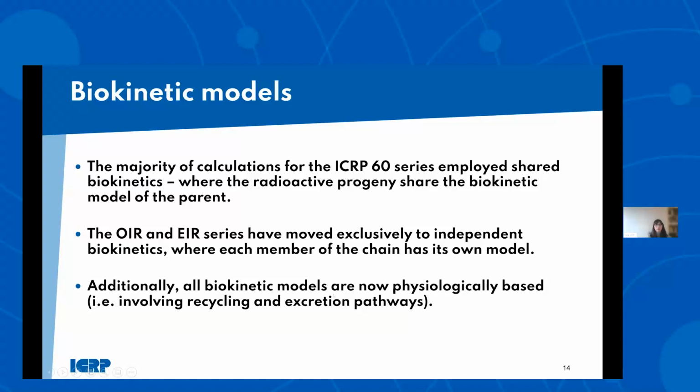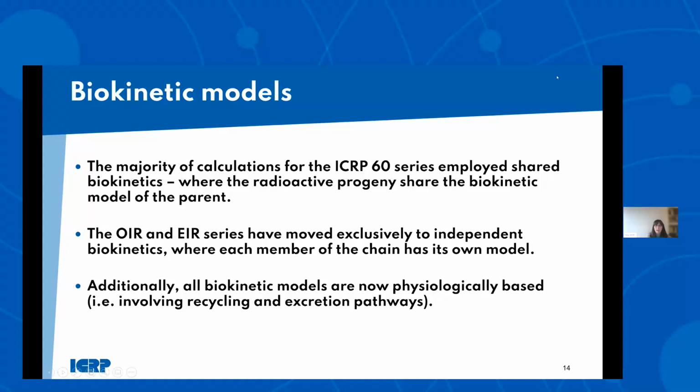Okay, moving on to biokinetic models. Again, this has been covered by some of my colleagues, but it's worth reiterating here to draw out the amount of changes that have gone into this set of calculations. The majority of calculations for the ICRP 60 series employed shared biokinetics, so the radioactive progeny shared the biokinetic model of the parent.